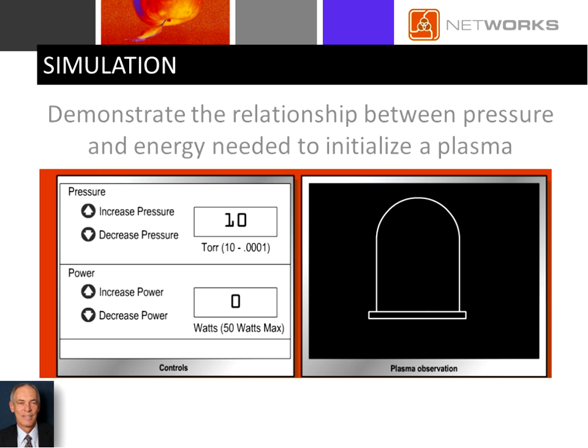So the point here is that you can set up different activity levels with this, but you need to be very clear what your goal is for the learning, and then the students need to have the same goal. So if you wanted them just to understand how these two variables change the plasma creation, then you give them the question: in what ways does the pressure change, in what ways does the power change the experimental outcome?